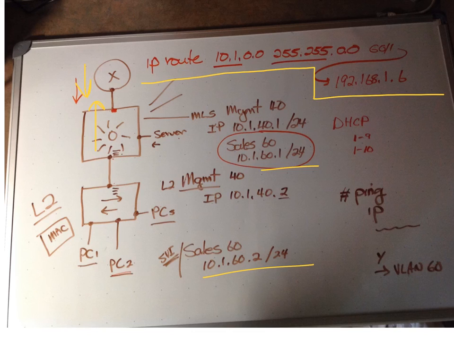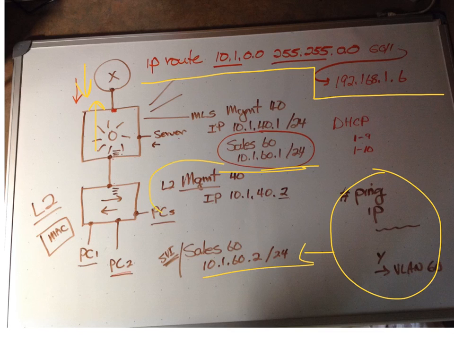Yeah, so we had the two sales, and the only reason you need this down here would be if you want to test with an extended ping. Now you will put a management VLAN on your layer 2 switch, and only the other ones for testing. Well, and that's it.